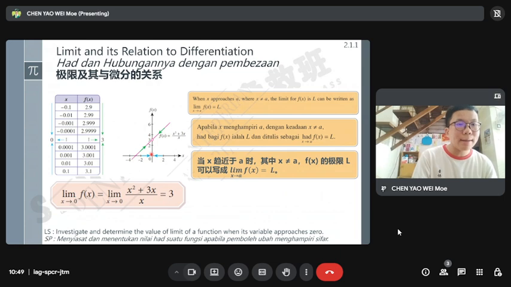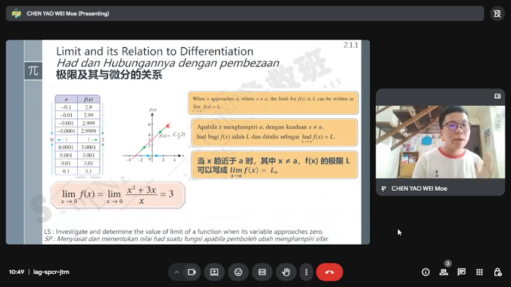If I put x equal to 0, all the numbers become 0, so you cannot calculate and it will be undefined. So x approaches a, but x is not equal to a. You need to know limits.